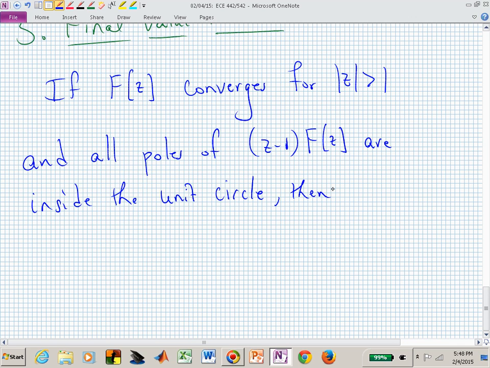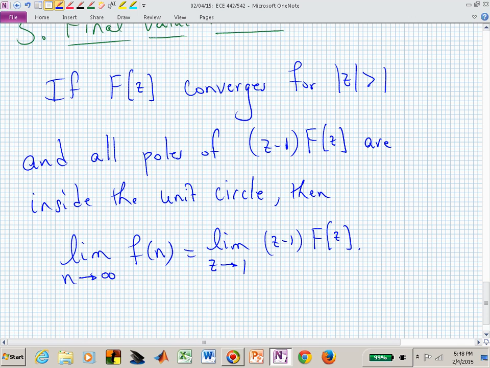Then we can apply this theorem, which says that the limit as n goes to infinity of the time sequence little f of n is going to be the limit as z goes to 1 of z minus 1 times F of z. Just like s went to 0, now z goes to 1.